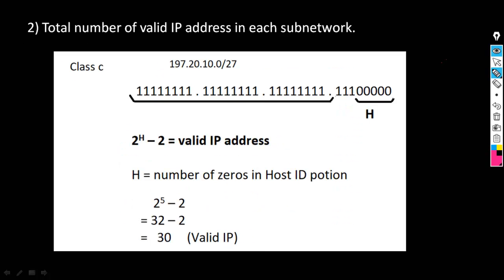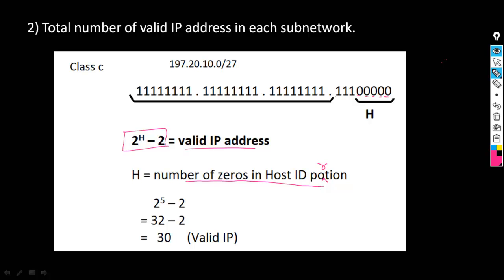After calculating the total number of subnetworks, we will calculate the total number of valid IP addresses in each subnetwork. So we have a formula: 2 to the power h minus 2 equals valid IP addresses, where h equals the number of zeros in the host ID portion. So we have 1, 2, 3, 4 and 5.